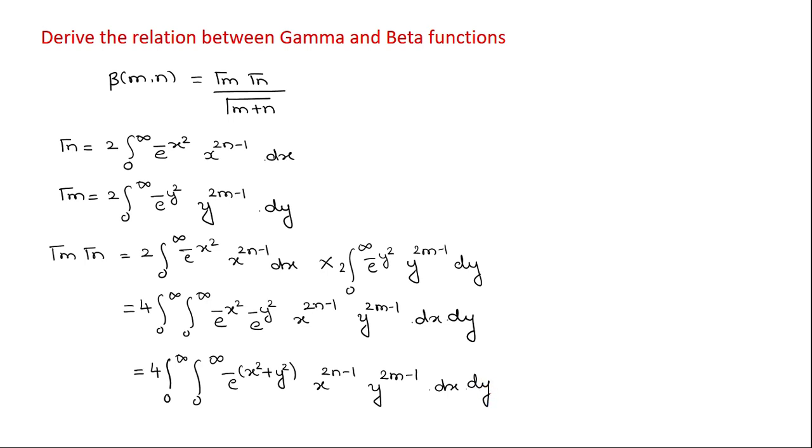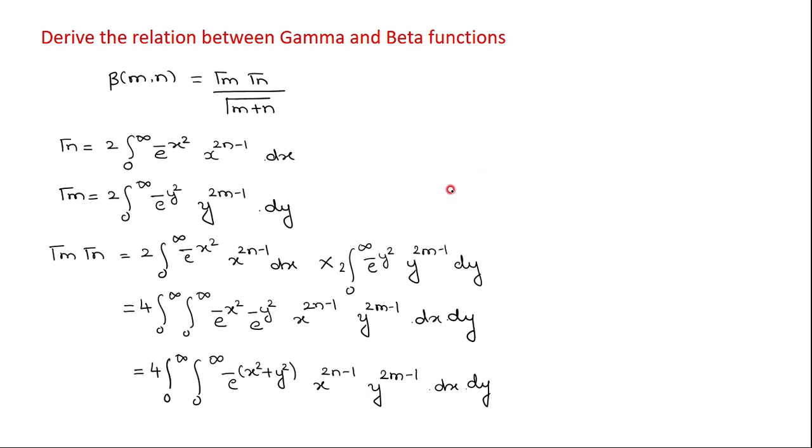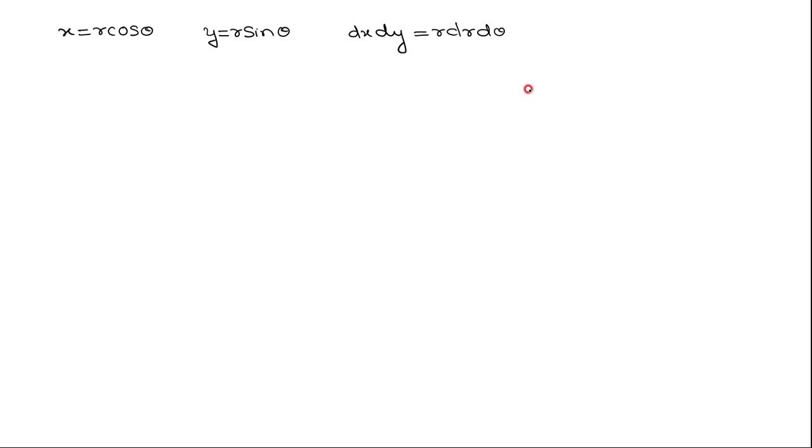We'll evaluate this by converting into the polar coordinates. The polar coordinates are given by x is equal to r cos theta, y is equal to r sin theta, and the value of dx dy is equal to r dr d theta. The given Cartesian limits are x from 0 to infinity, y from 0 to infinity.